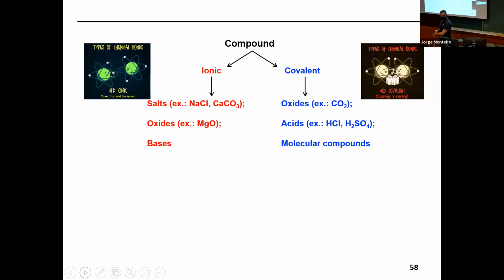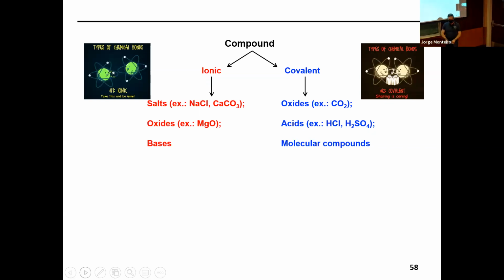Okay, so we covered a lot of ground here. I showed you 2 different classes of compounds. First one, ionic. In an ionic compound, there is always an element losing electrons and another element accepting electrons. Ionic compounds can be salts, oxides, or bases. We will go over bases in chapter number 4.